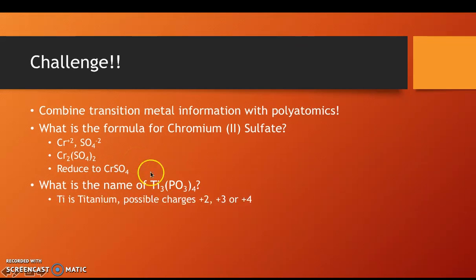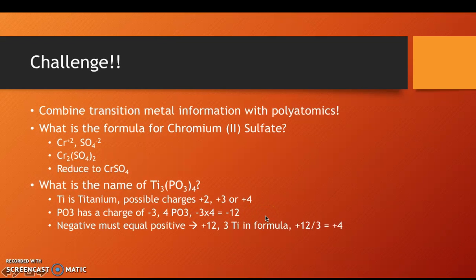For the name of Ti3(PO3)4, Ti is titanium with possible charges +2, +3, or +4. PO3, oops, sorry, that should be a subscript. PO3 has a charge of -3. There are 4 PO3s, so I do my -3 times 4, and I get an overall -12.